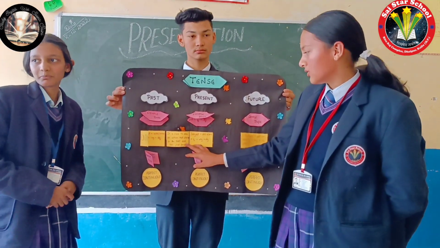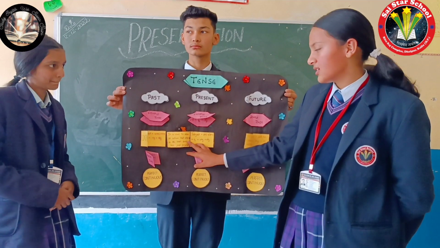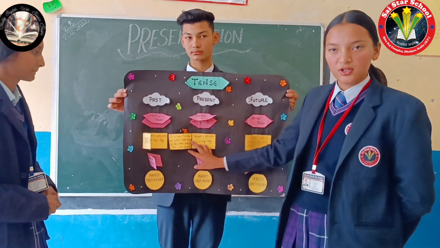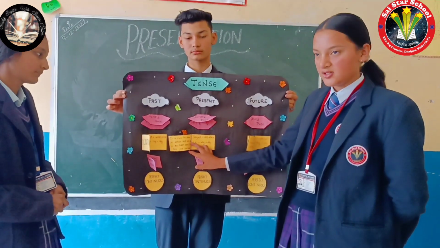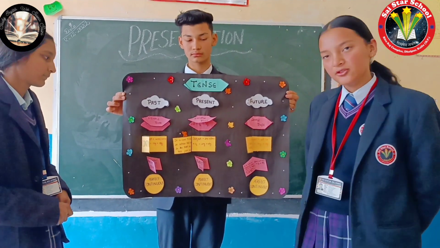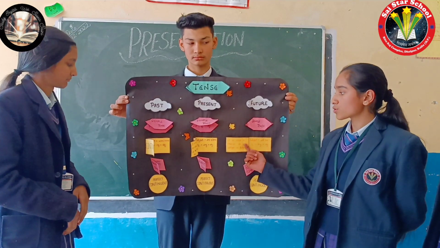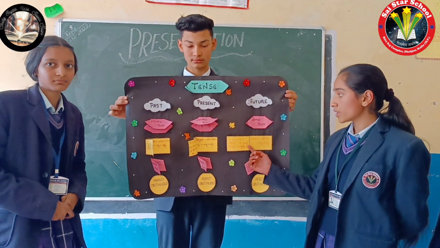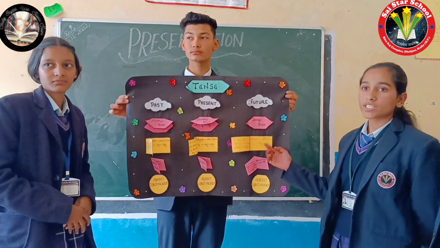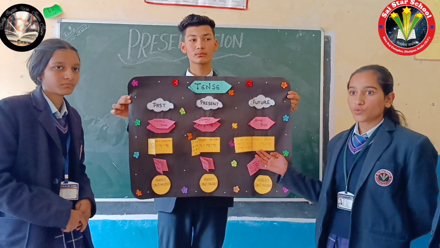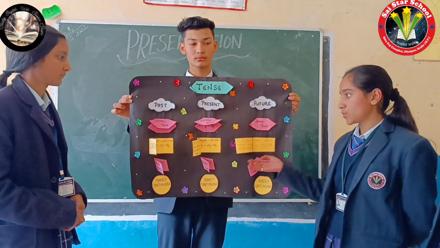The rule of present continuous tense is subject plus is/are plus verb first form plus ing plus object. Now, Ankita, can you tell what is the future continuous tense? Future continuous tense is used to express things going on in the future. The formula is subject plus will be plus verb first form plus ing plus object.